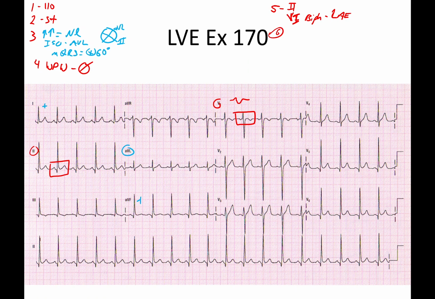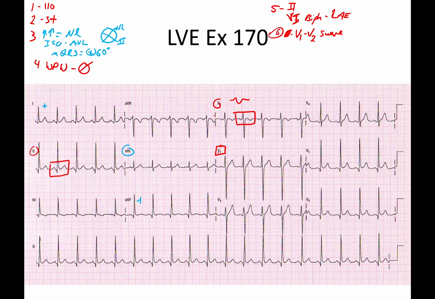Finally, step 6. In V1 or V2, whichever, we're going to look at the S wave and figure out who's got the longest one. And so between V1 and V2, I'm going to go ahead and say that V2 has it. How are we going to count this? I'm going to cheat to try and make it simple and save time. We're going to count all the big boxes first.